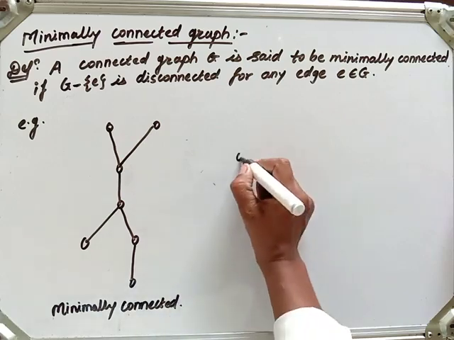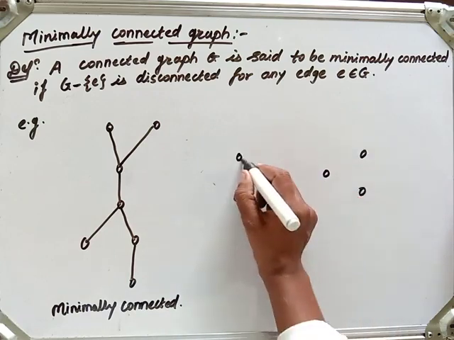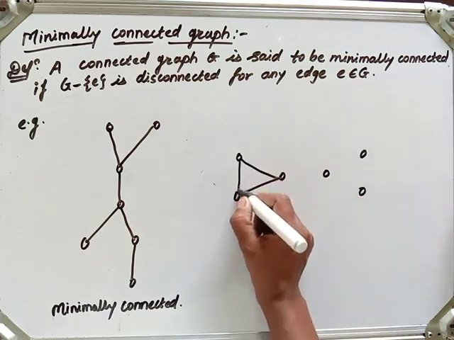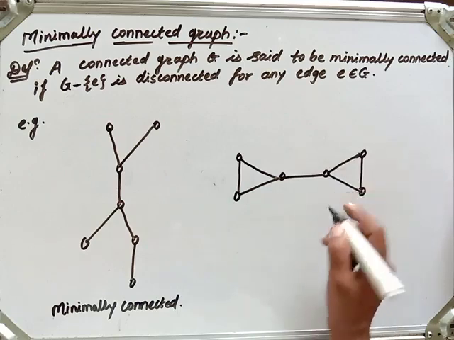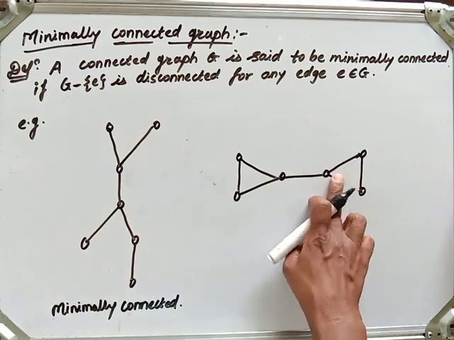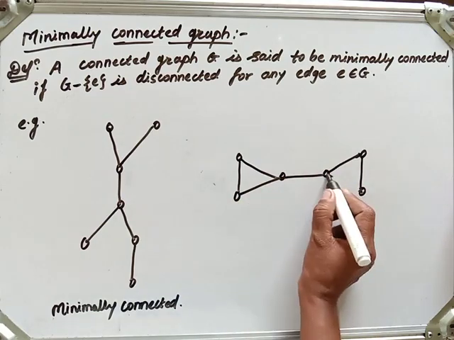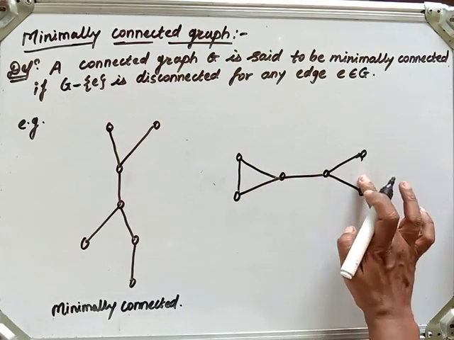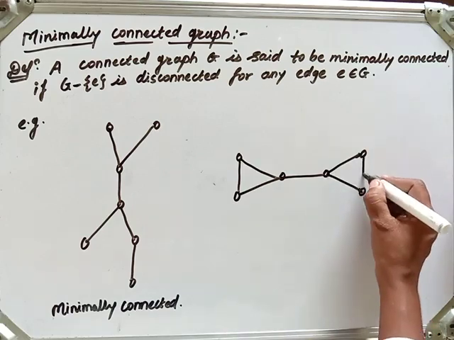Now on the contrary, suppose I have this graph. If I remove this edge from it, will it become disconnected? No. Similar for the others also. If I remove this one, does it become disconnected? No, right?